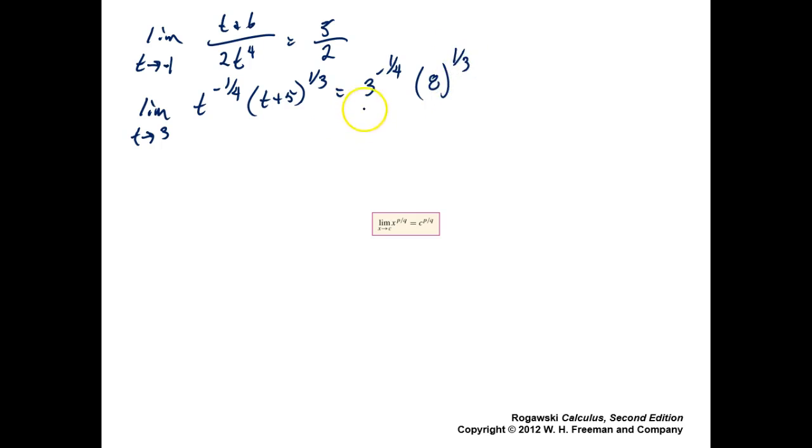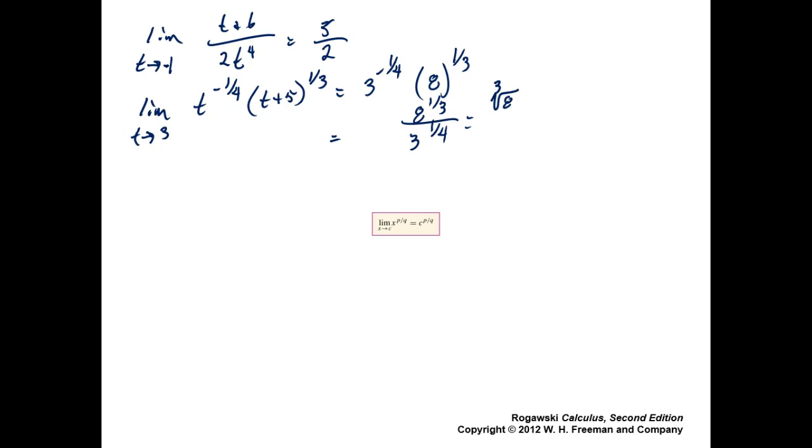What do we mean by this? That would be, of course, a minus exponent moves it downstairs. So this would be 8 to the 1/3 over 3 to the 1/4. Right? You know what 8 to the 1/3 means? Yes, you do. It's the cube root of 8 to the 1st power.